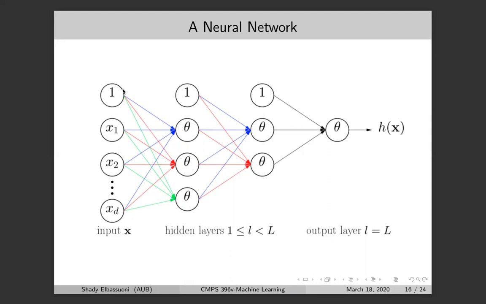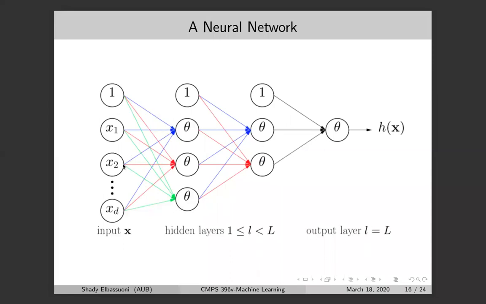So this one is W0, 1 of 1, because this is input 0, neuron 1 of layer 1. The next one, what is this guy? W1, 1 of 1: input X1, neuron 1 of layer 1.